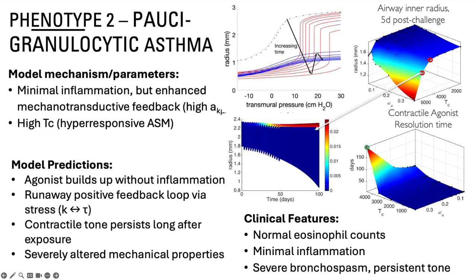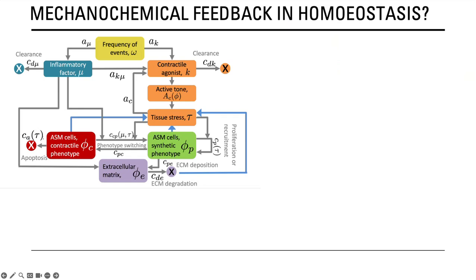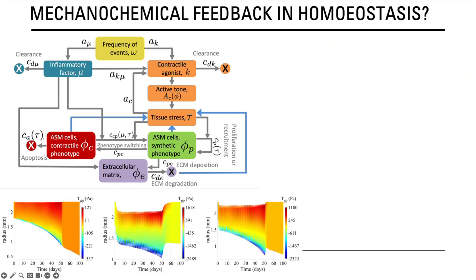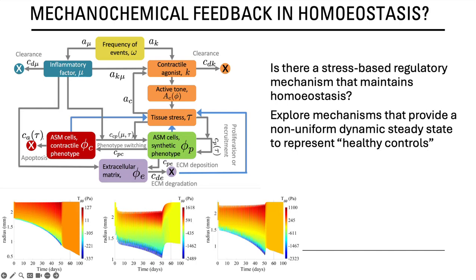What we really wanted to do was try to identify potentially stress-based mechanisms that could limit that. So we started to ask, given the very different types of circumferential stress distributions one can get depending on the particular phenotype or set of parameters, is there some kind of stress-based regulatory mechanism that actually maintains homeostasis in healthy controls?